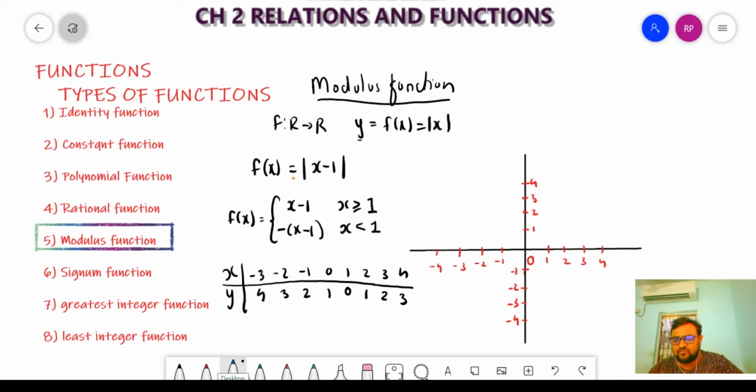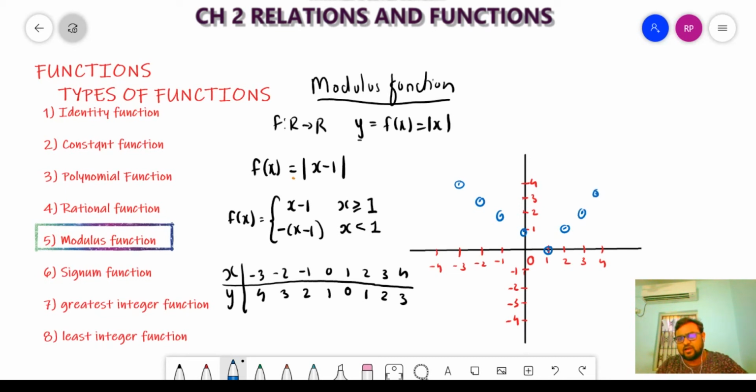So see, x is minus 3, y is 4. This will be the point. x is minus 2, y is 3. This will be the point. Minus 1, 2. 0, 1. 1, y is 0. x is 2, y is 1. x is 3, y is 2. x is 4, y is 3.